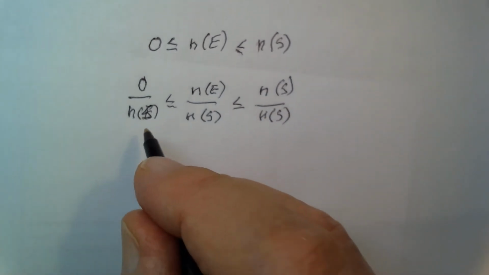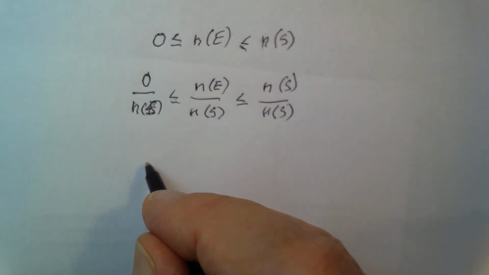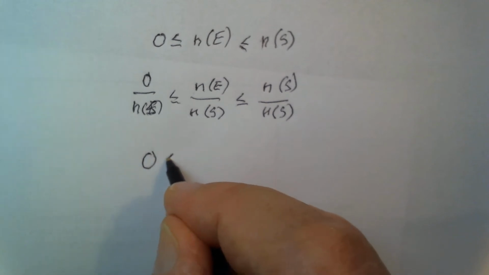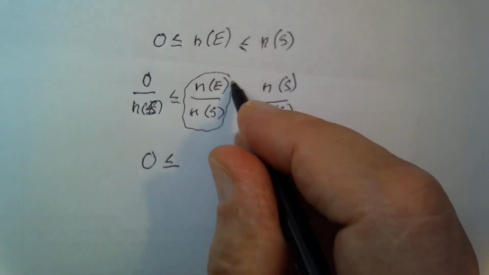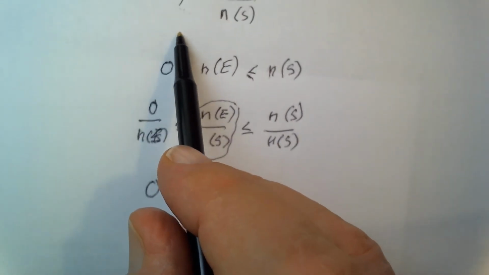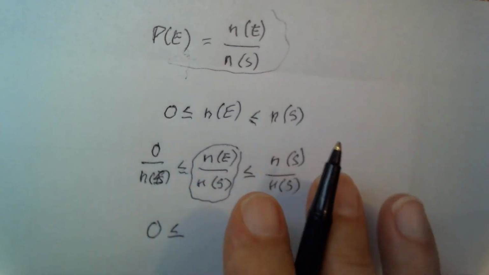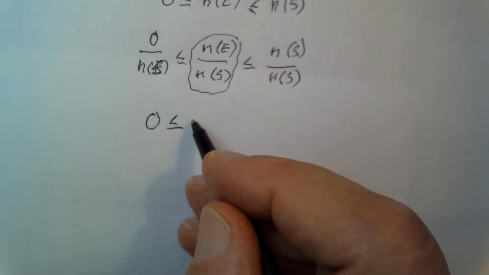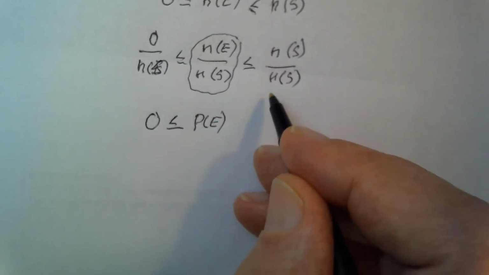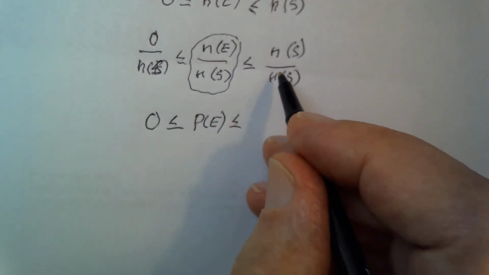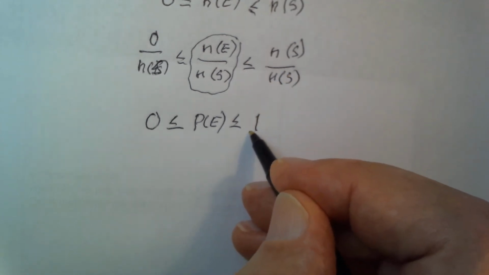Now 0 divided by the total number of outcomes, of course, is 0, less than or equal to, and again, this expression here is equal to the probability of E. So we say then that 0 is less than or equal to the probability of E. And any quantity divided by itself is equal to 1.